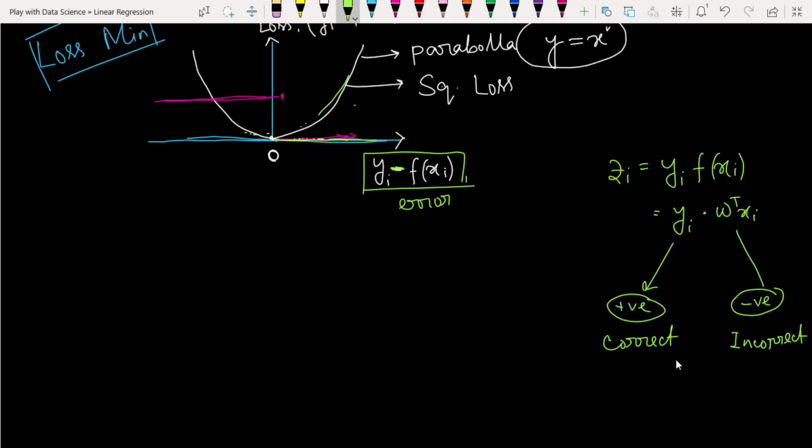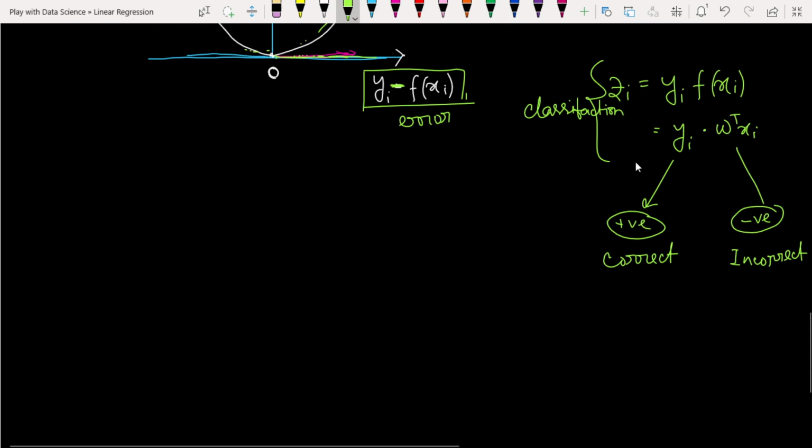We learned this concept in classification technique, binary classification for logistic regression.